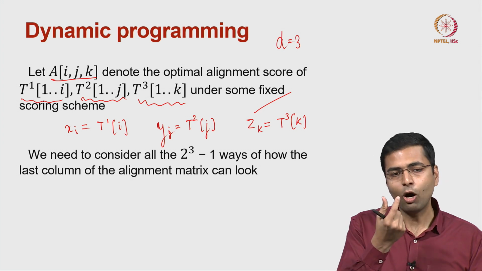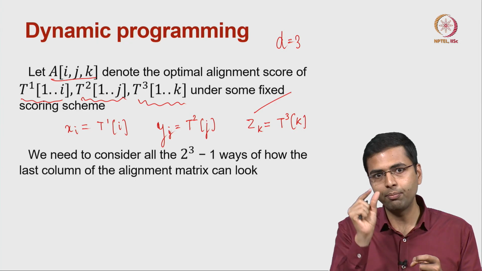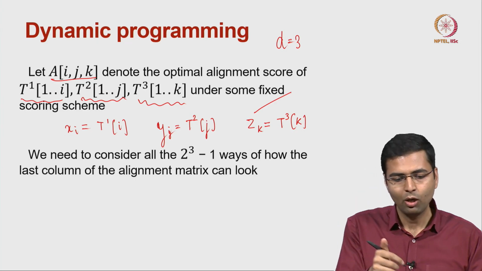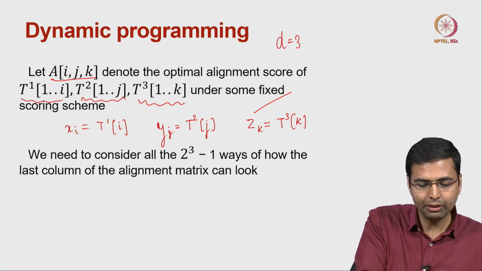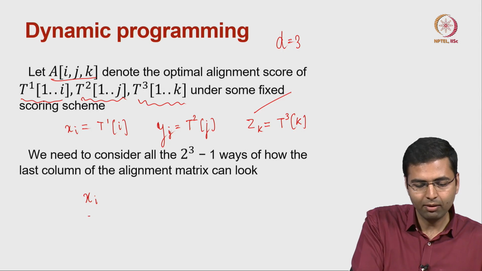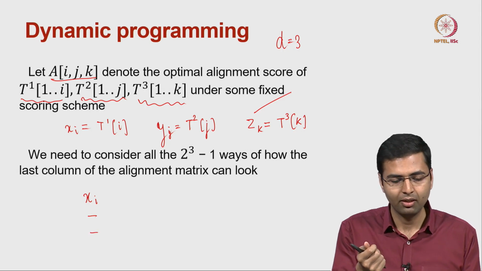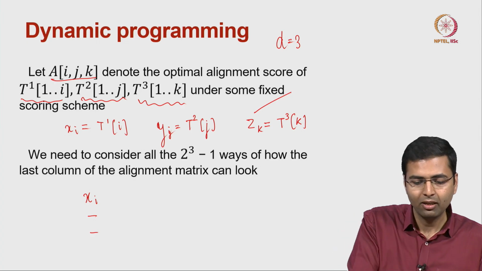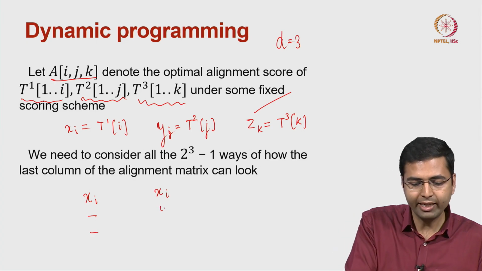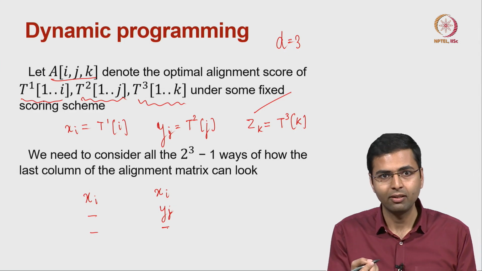Then what are the possible ways in which the last column can look? It may be possible that you have xi, but in the other 2 sequences you have a dash character. The other possibility is that you have a yj here and the third sequence has a dash character, and so on.